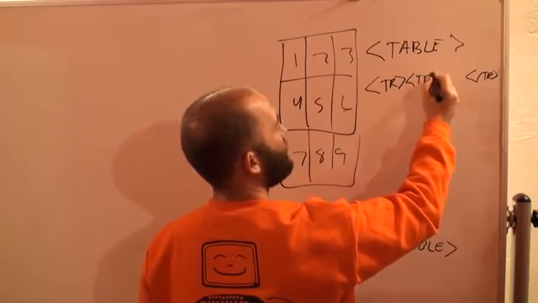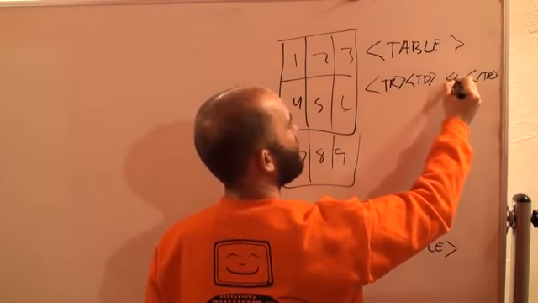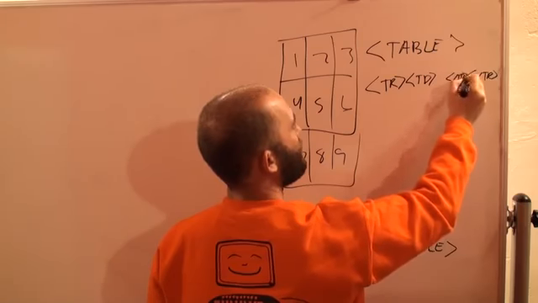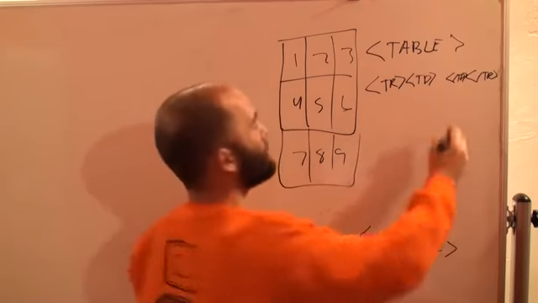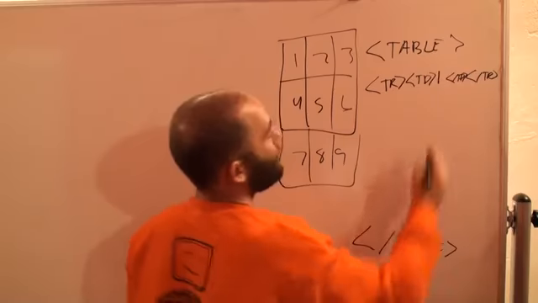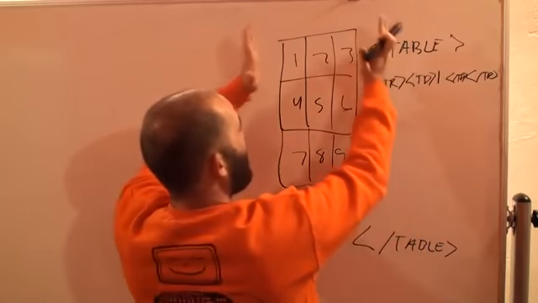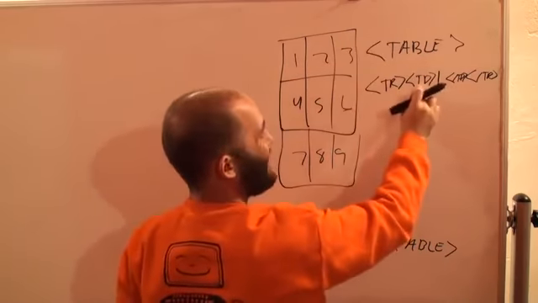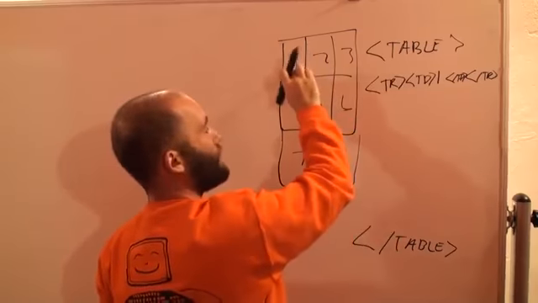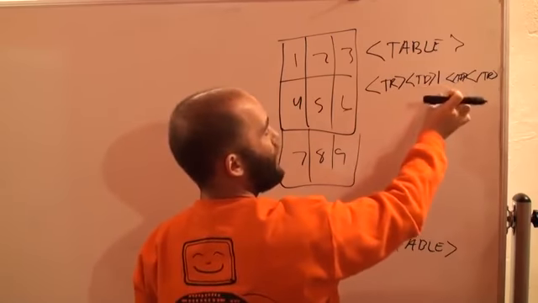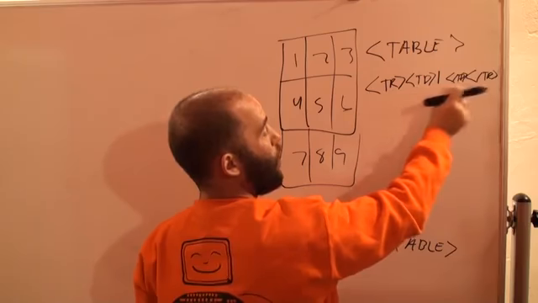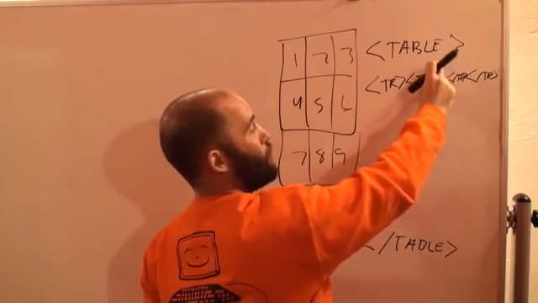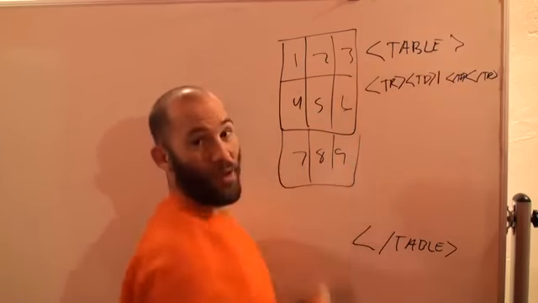So TD, and then you would do 1. So TR opens the entire row, TD opens the block, and then in between the TD opening and the TD closing, you put the information that you want to be in there.